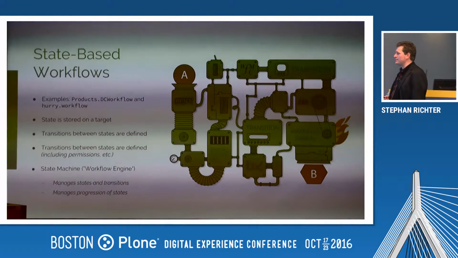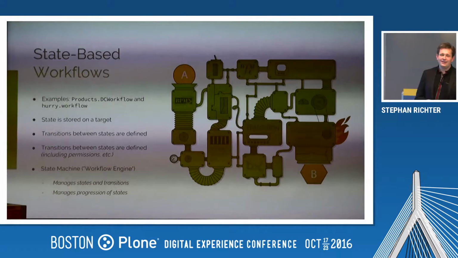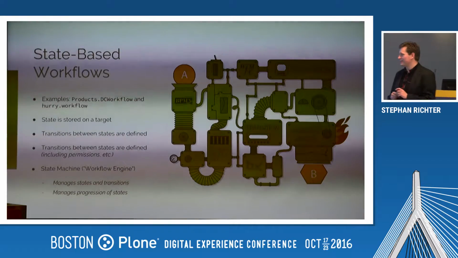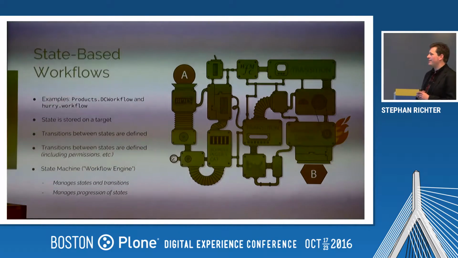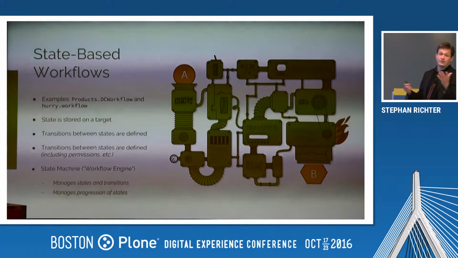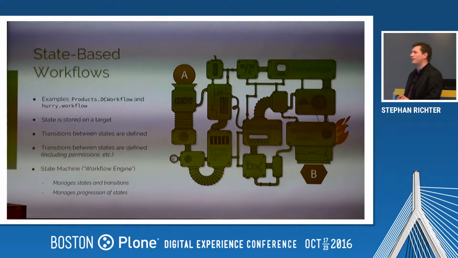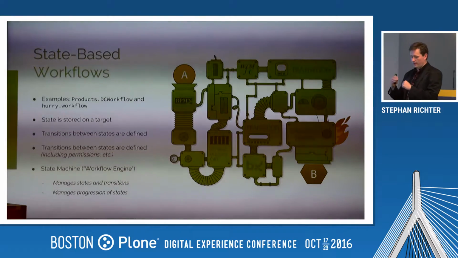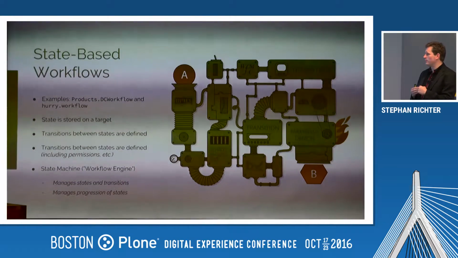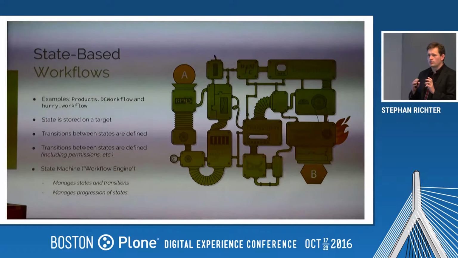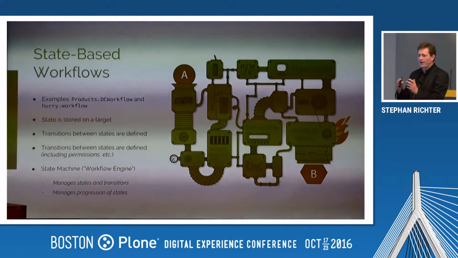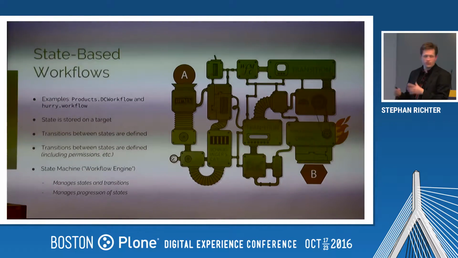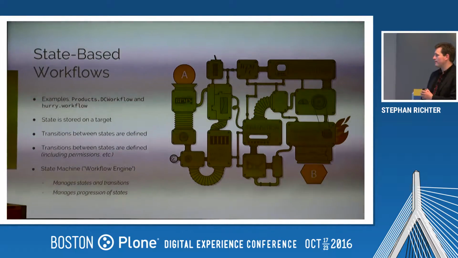So what is DC Workflow and hurry.workflow? It is known as a state-based workflow, right? That's what the community usually calls this. And the way it works is you have a target, in your case, usually a content object in Plone or a document, and you have a single attribute where you store the state of that object, and then really the workflow engine consists of defining transitions between these states, and including permissions and all this kind of good stuff that belongs to it.